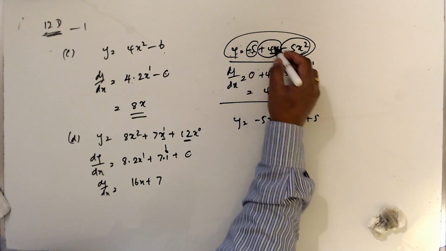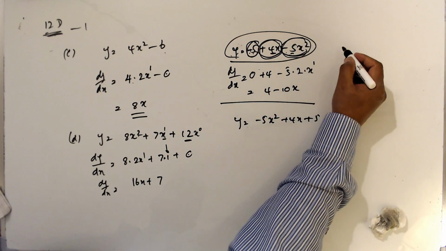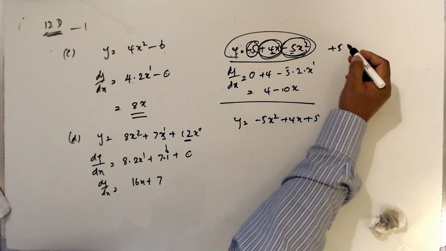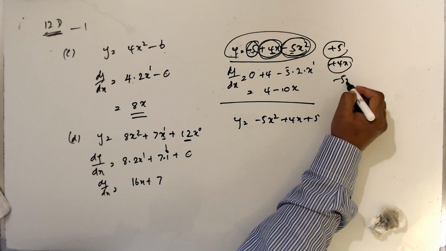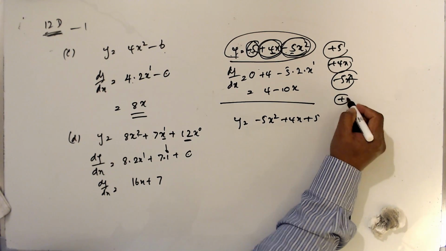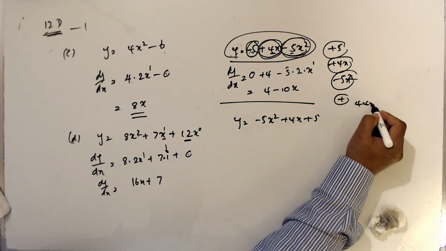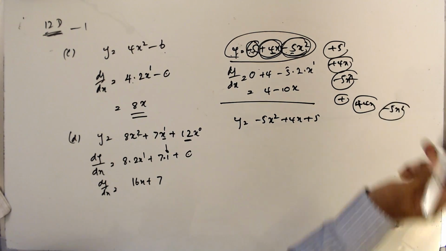If you draw this on paper, you can cut and arrange it any way: plus 5 plus 4x minus 5x squared, or in this direction.